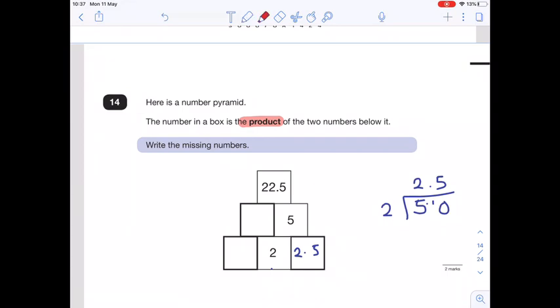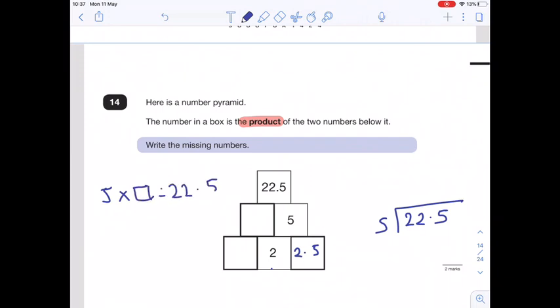The next easiest one to do is this one, and we're going to do that in the same way. So 5 times something is going to give us 22.5. So if we're not sure straight away, we'd need to do 22.5 divided by 5, because 5 times something equals 22.5. 5 into 2 doesn't go, 5 into 20 goes 4.